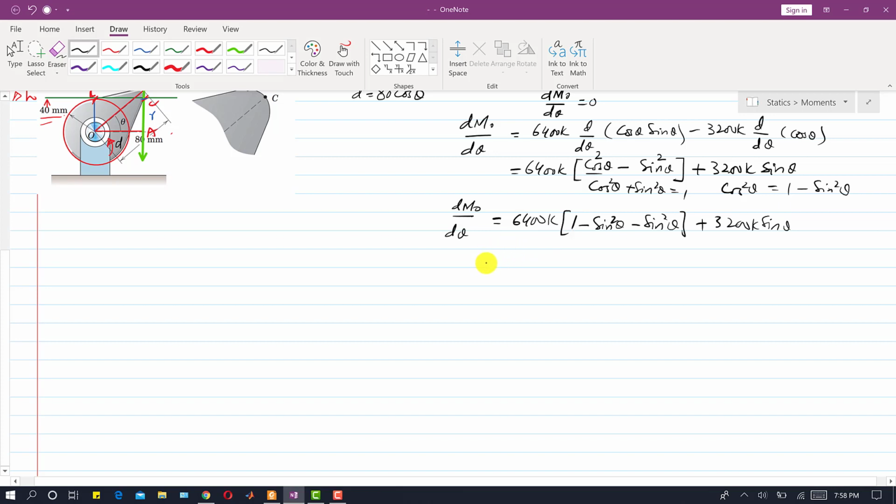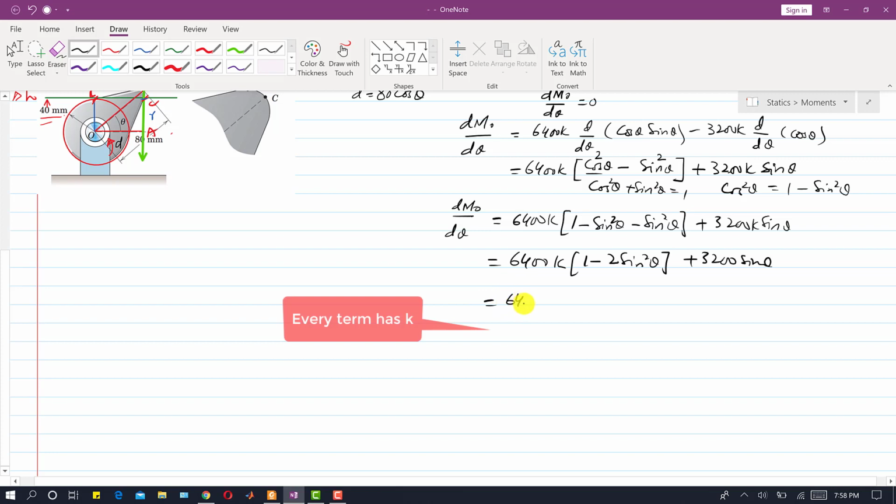So then I will write 6400K times (1 minus 2sin²θ) plus 3200K sinθ, and then 6400K minus 6400 into 2, that is 12800 sin²θ, plus 3200 sinθ. So this is dM0/dθ.